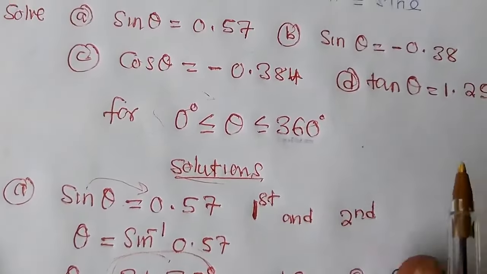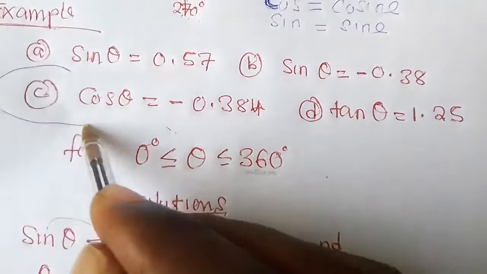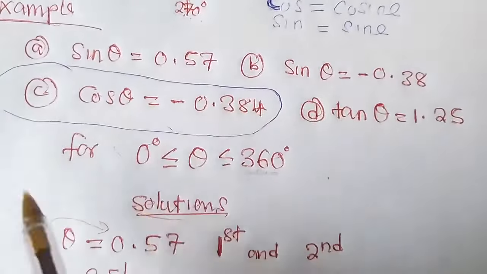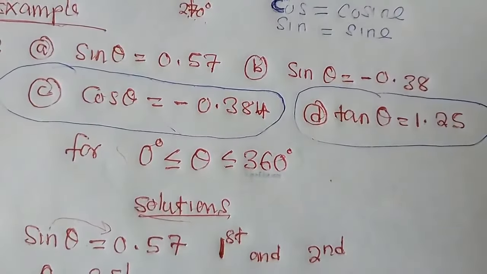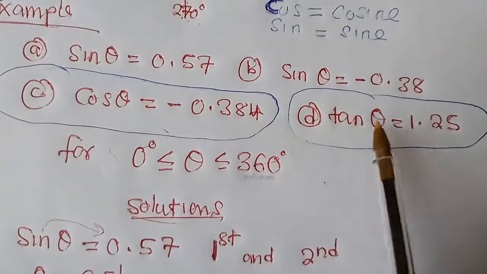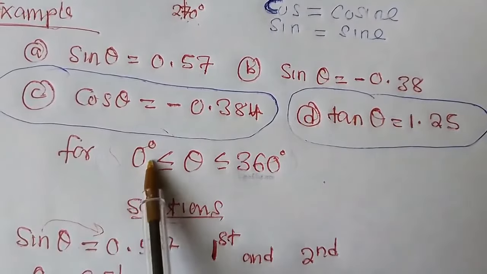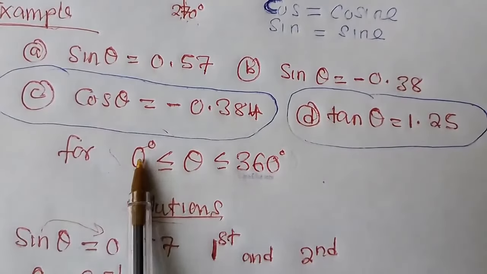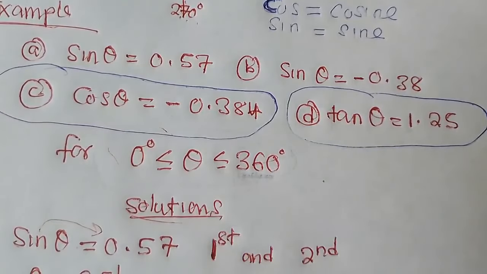Solve these two equations for theta, from 0 degrees to 360. Let us try these two questions and see how we can answer them. I'll be waiting for your answers.